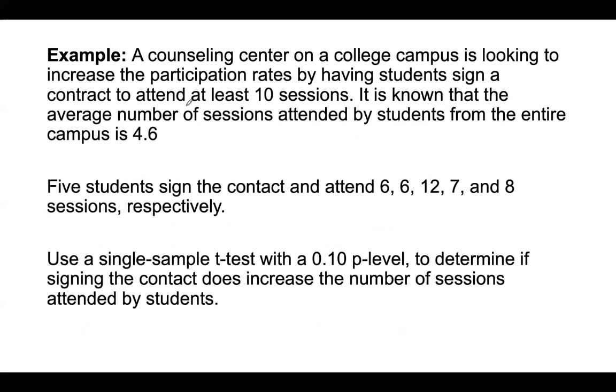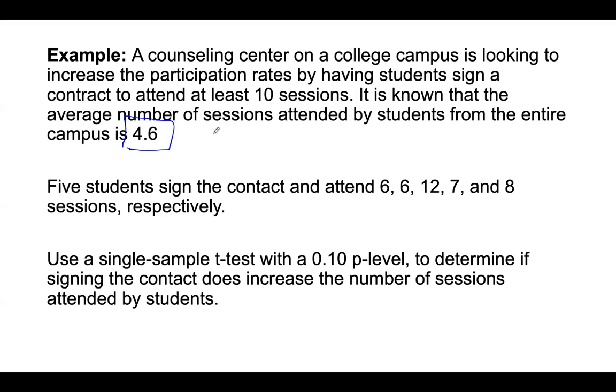So let's look at another example. Let's say a counseling center on a college campus is looking to increase the participation rates by having students sign a contract to attend at least 10 sessions. It is known that the average number of sessions attended by students from the entire campus is 4.6.